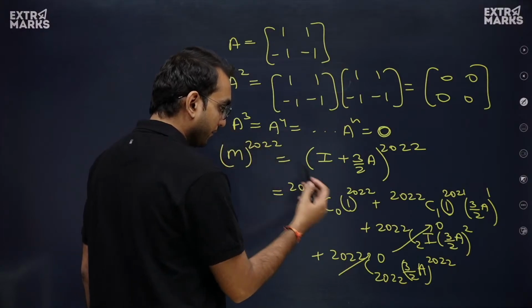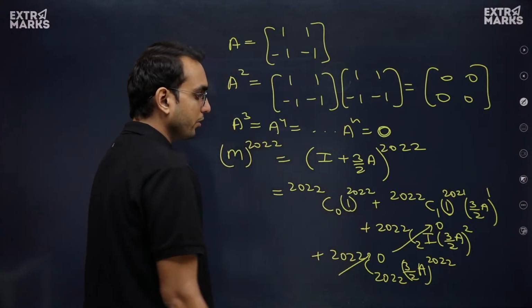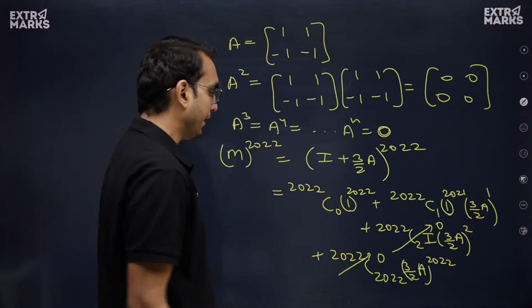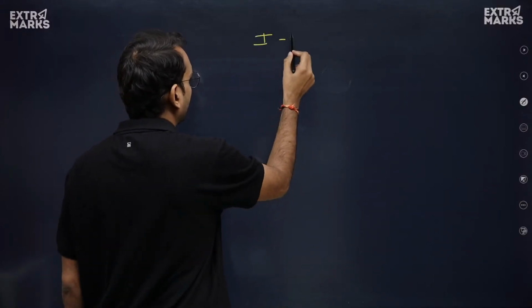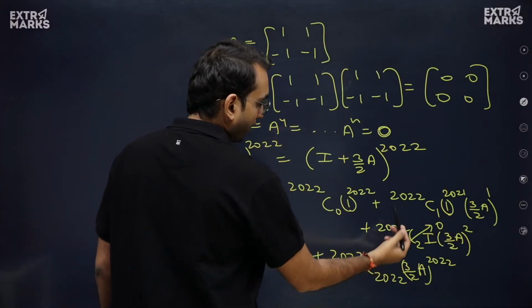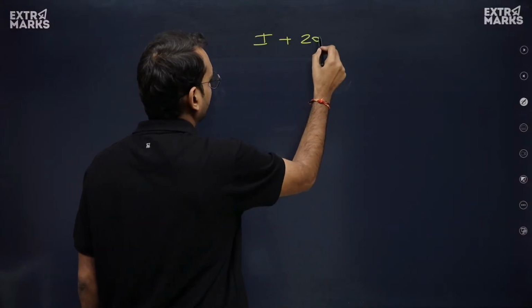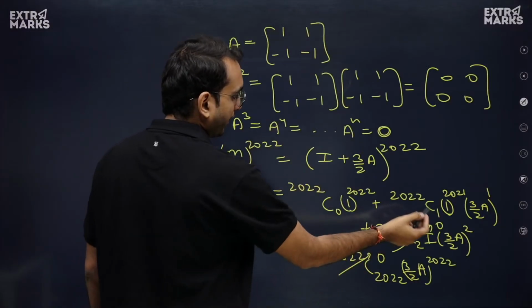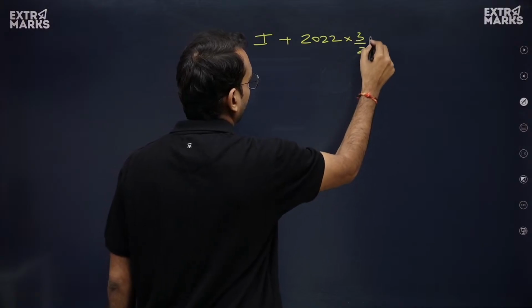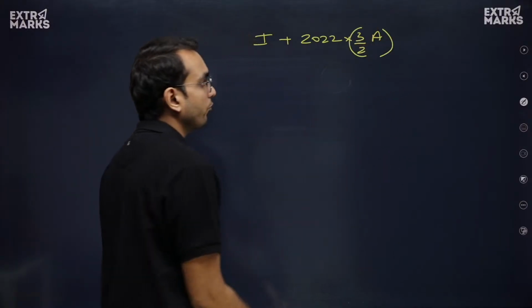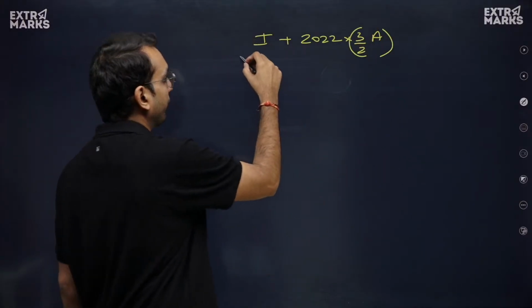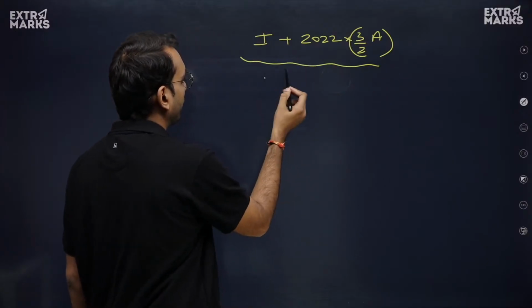So what are we left with? 2022 C naught is 1, 1 into I to the power 2022. I to the power anything will be I. So it will be I plus 2022 into 3 by 2 into A. So this is the only thing we have to find out. We know the value of everything.